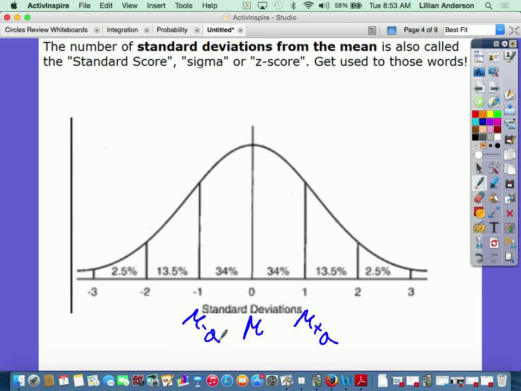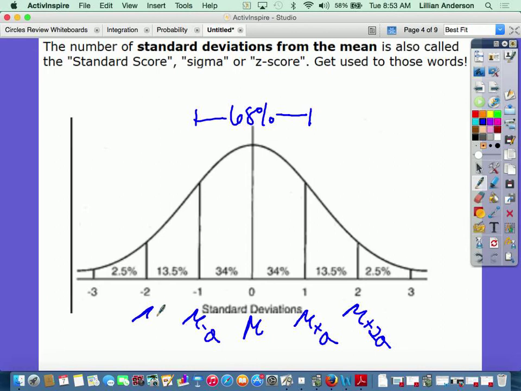Whatever your mean is, if you're within 1 standard deviation, 68% of your data lies in between those two values. Okay? 68% lies in between one standard deviation.